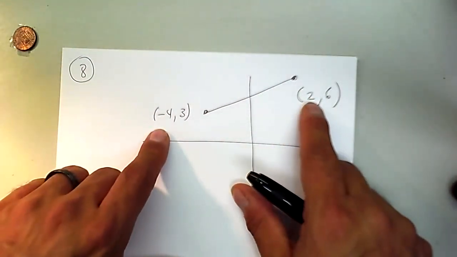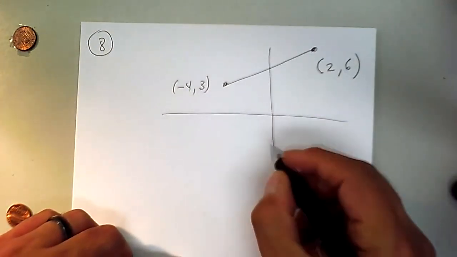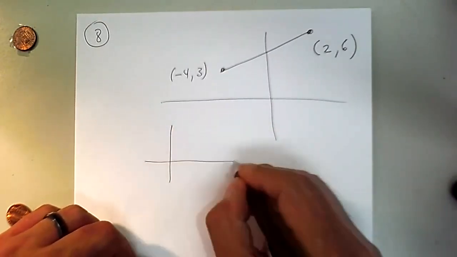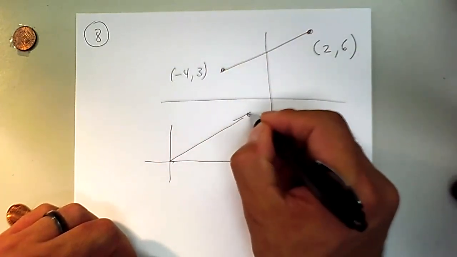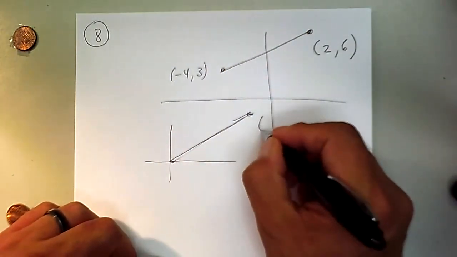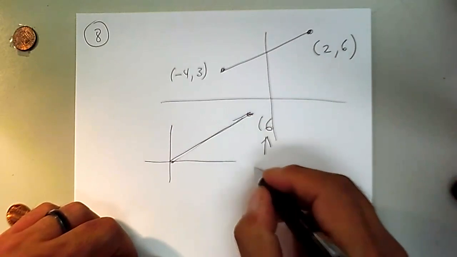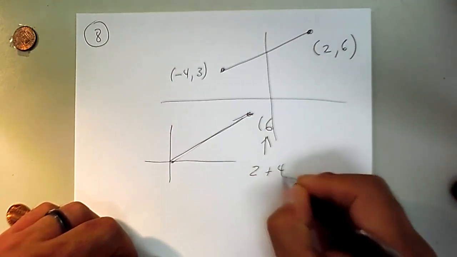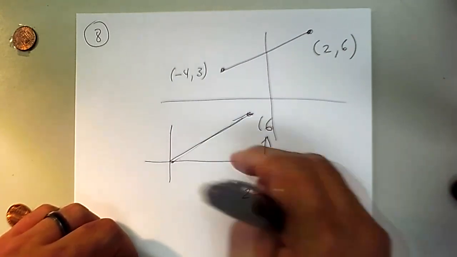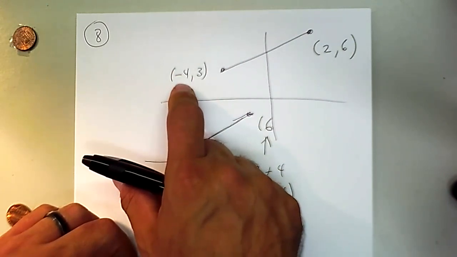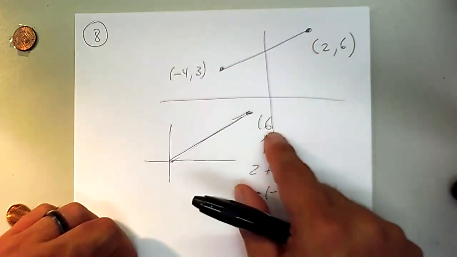So we want to add 4 to negative 4. So we're going to end up with this segment, okay? And that's going to be 6. And where does the 6 come from? Start with a 2 and add 4. But think about that. That is really 2 minus negative 4. So we're still subtracting this point. That is interesting. We can subtract this point. And that's going to give us 6.